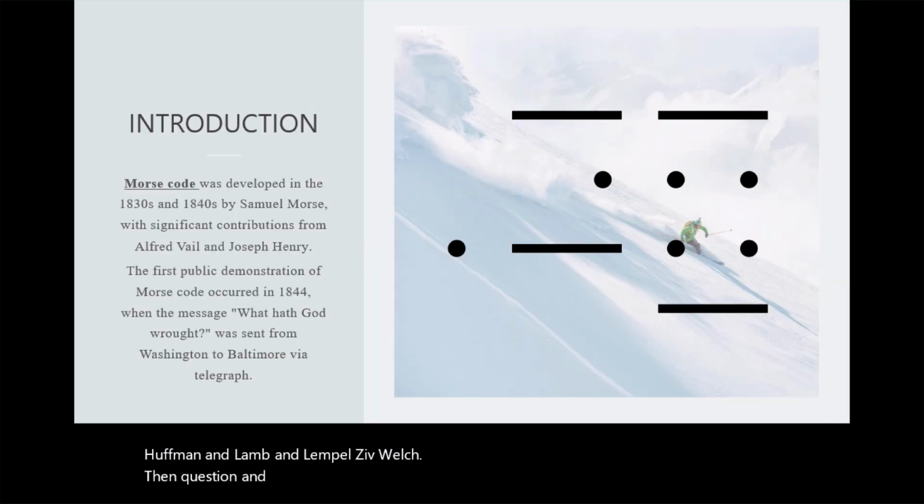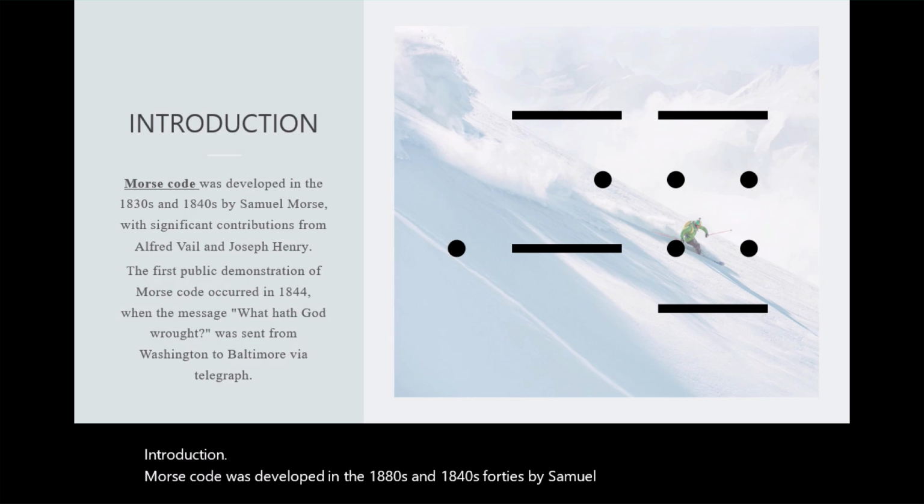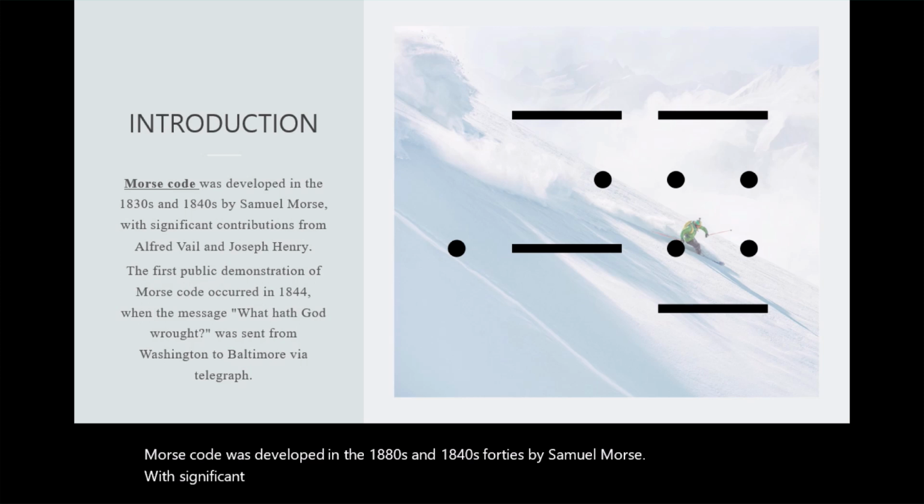Introduction. Morse code was developed in the 1830s and 1840s by Samuel Morse, with significant contribution from Alfred Vail and Joseph Henry.